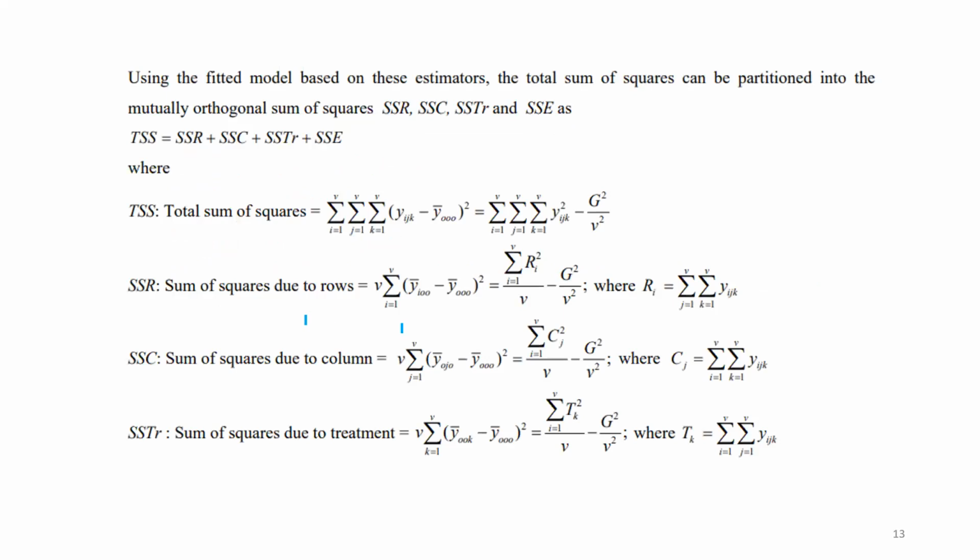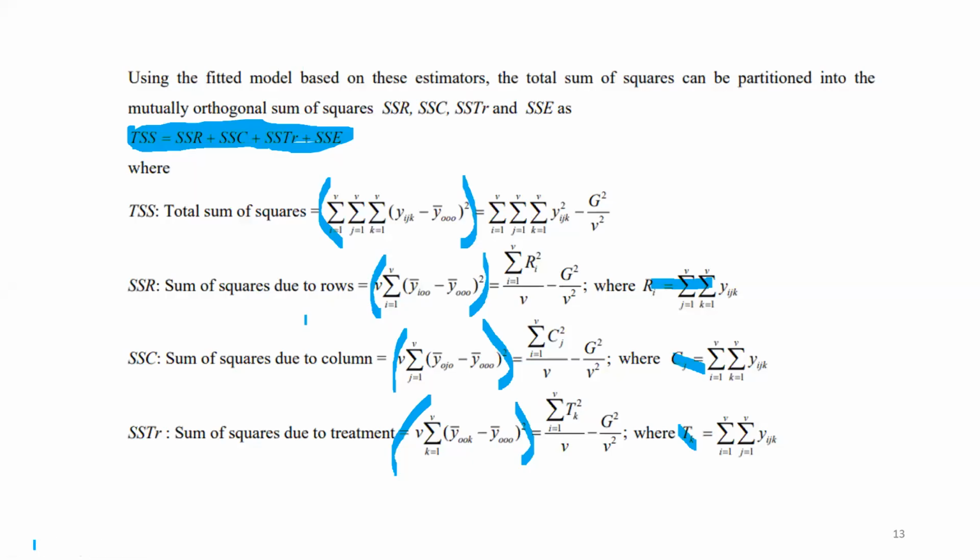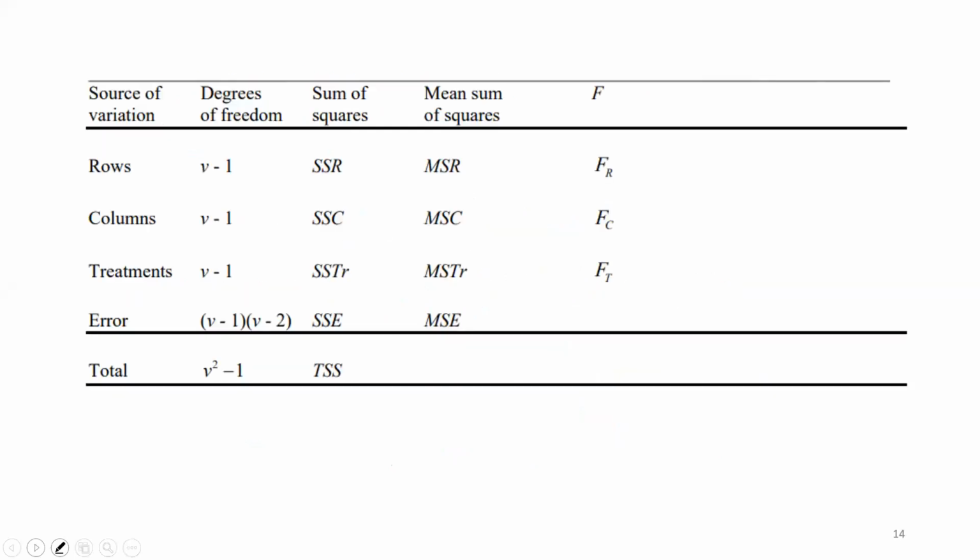Now we are going to make an estimation. Okay, you can take these equations down on your own. Yes, this is the ANOVA table. I think this should be changed.